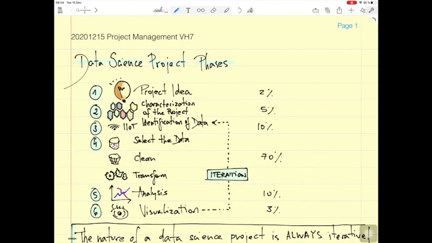Okay, these are roughly the numbers so that you get an idea of how much energy you need to be taking into a project.